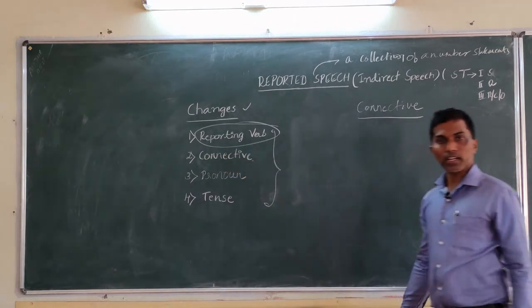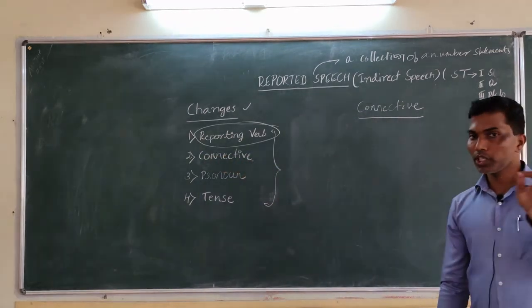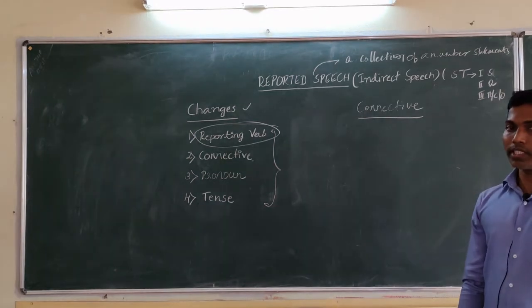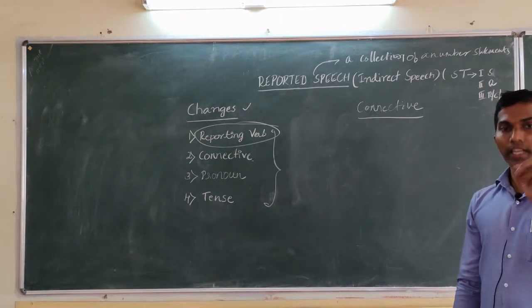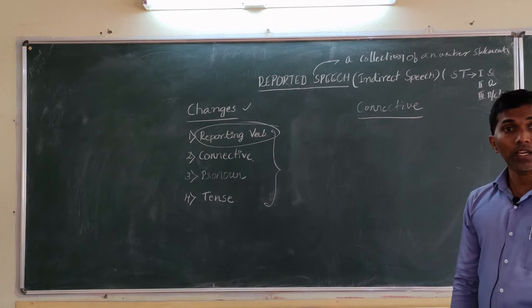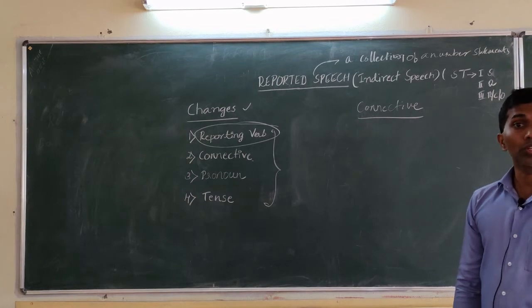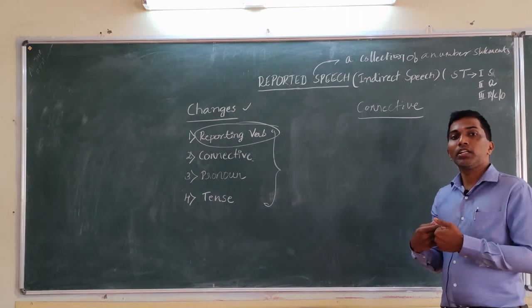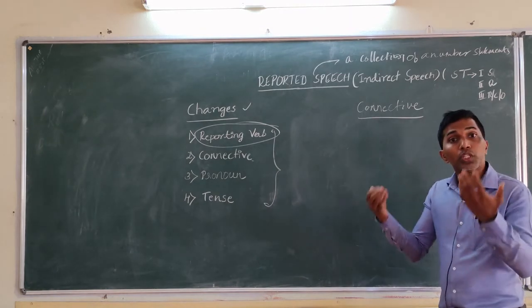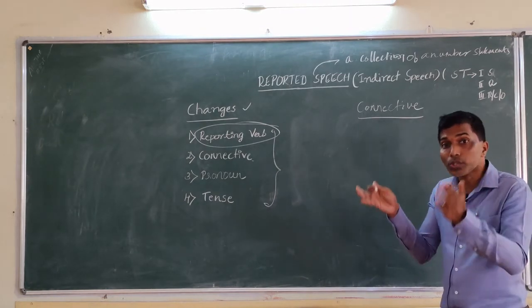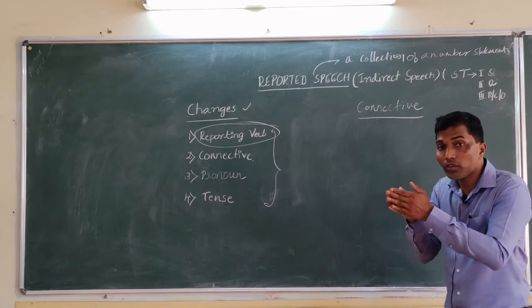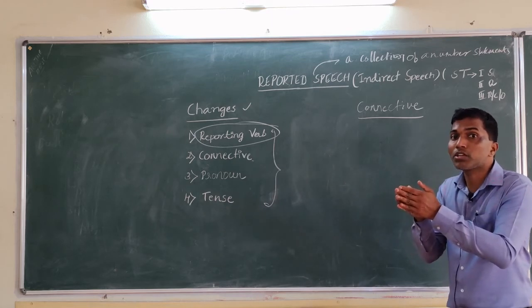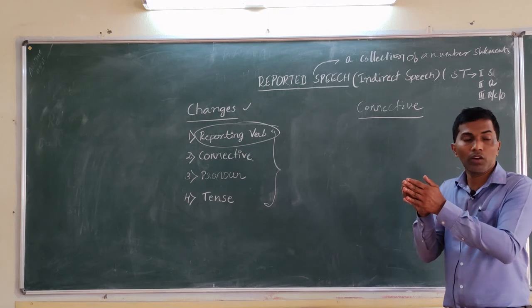The two parts are the reporting clause and the reported clause. We see them in direct speech, but in indirect speech we don't see two clauses. They are combined. How have they been combined?